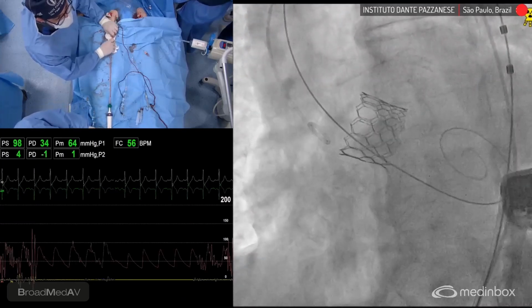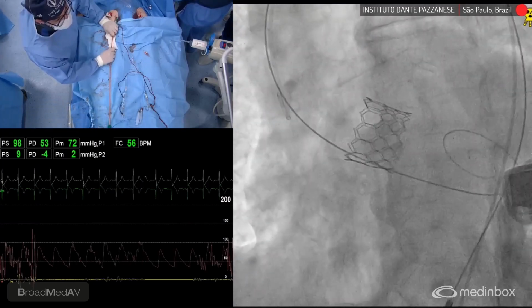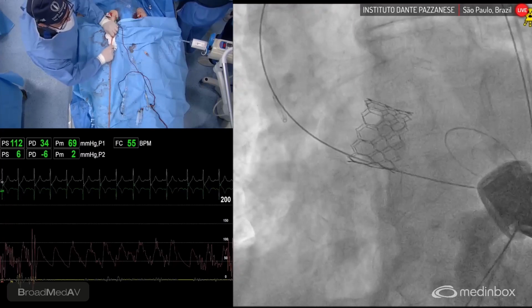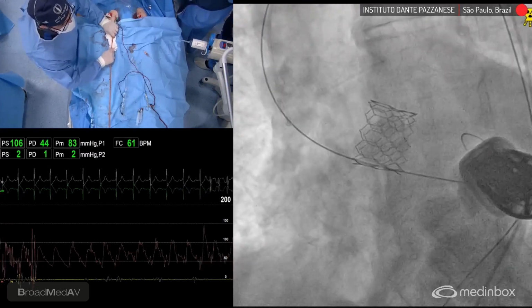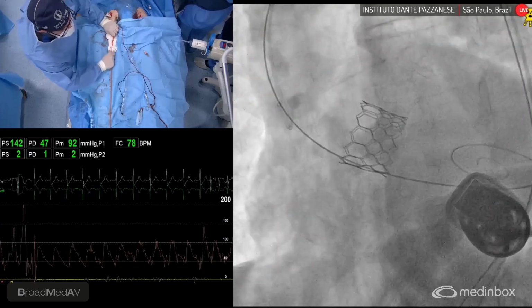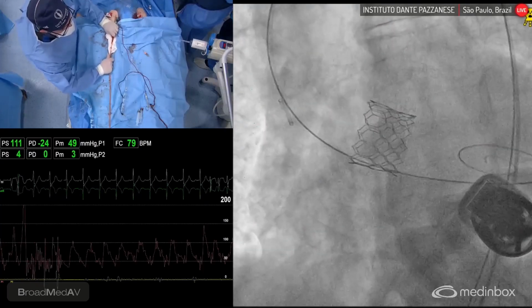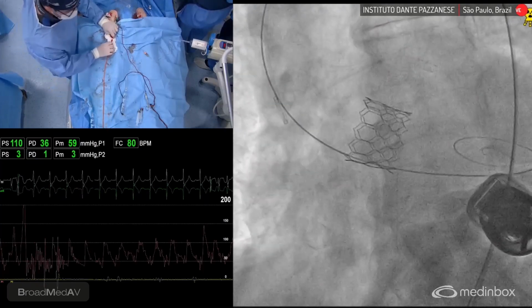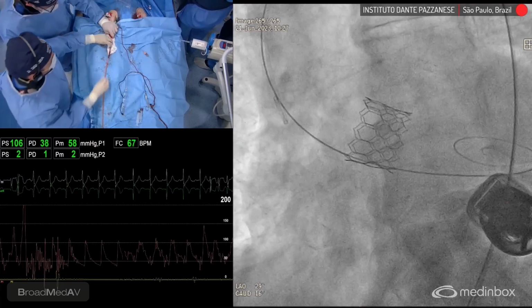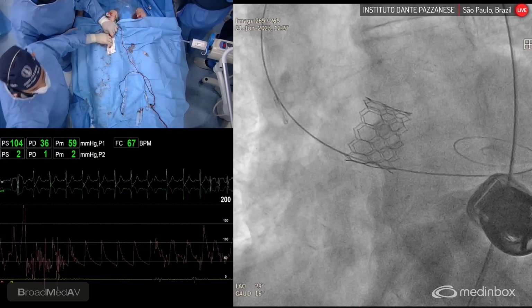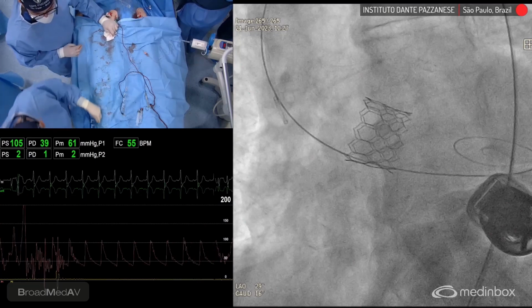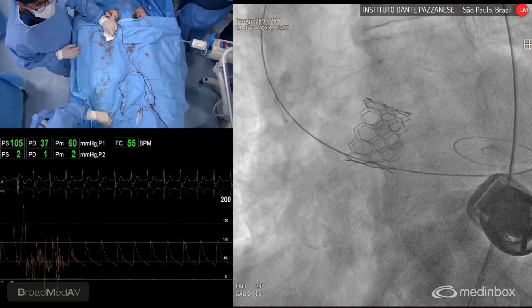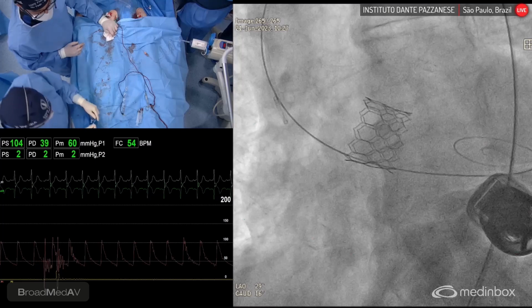This patient has a severe left ventricle hypertrophy, and when you open the valve, sometimes it takes time to get better and the heart can recover. At this point the systolic blood pressure is over 100. So we're going to measure the hemodynamics after valve implantation now.